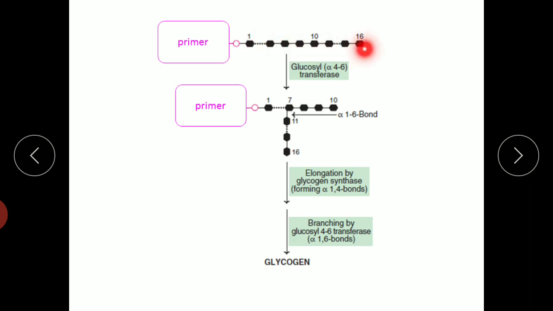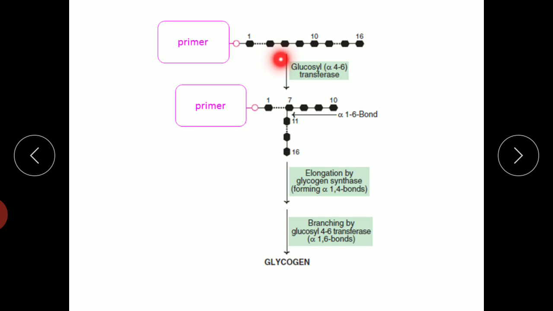These are all 1,4 linkages. When you have such a long chain, a part is fragmented and it is transferred to the same chain or such a position in another chain.